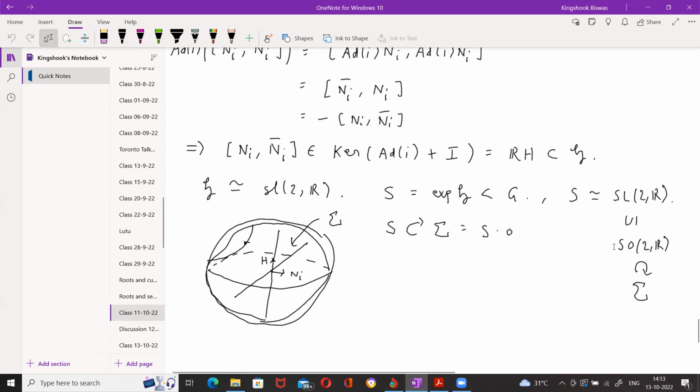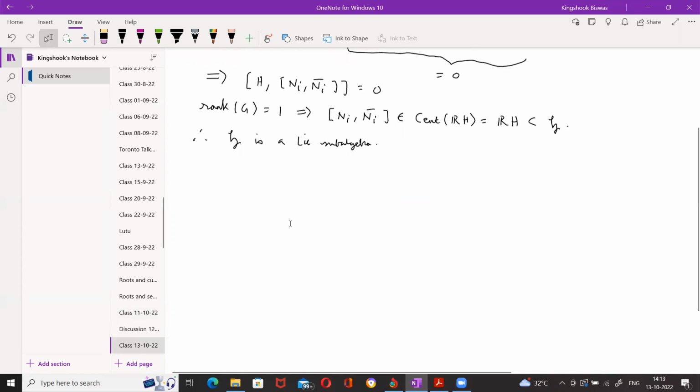So in fact, this SO2R that we have inside this SL2R, the infinitesimal generator of that, we can actually get. Let me draw you the picture again, but let me draw it horizontally so that it's easier to see.